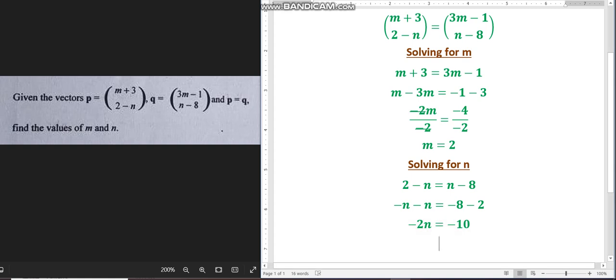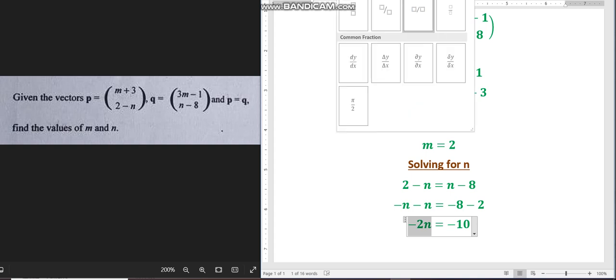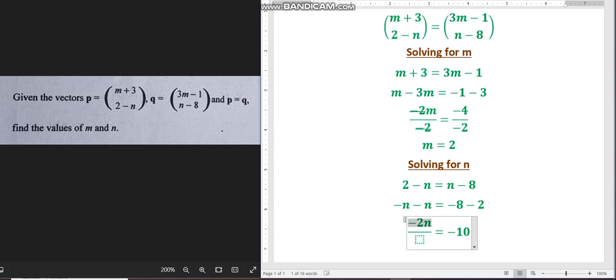From this step, we are going to do something similar to what we did when solving for m. So we divide this side by -2, and then we divide the right hand side as well by -2.